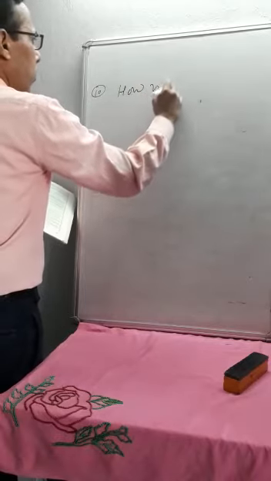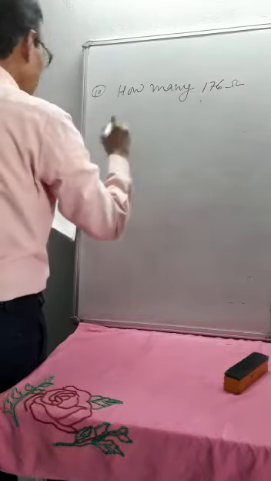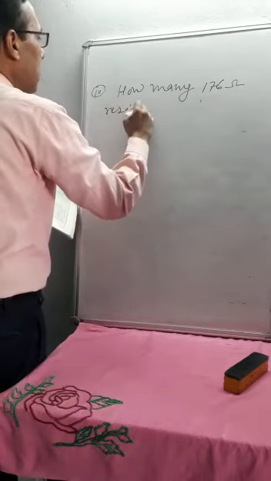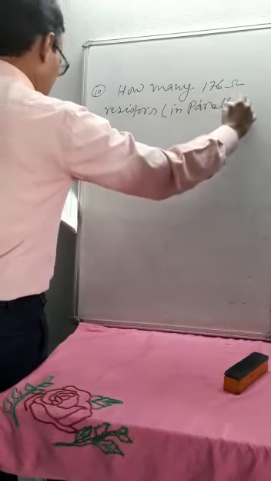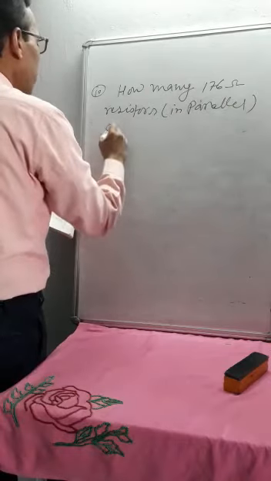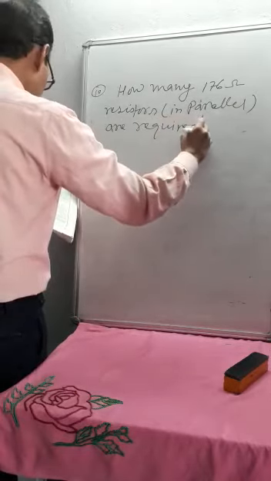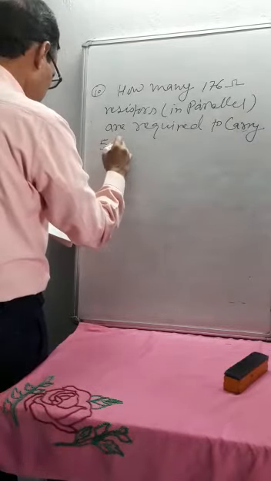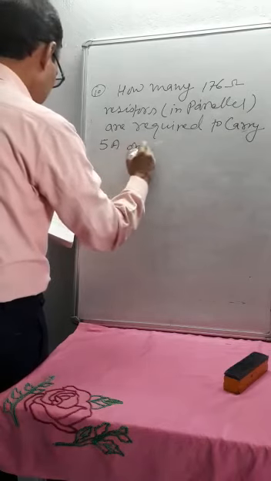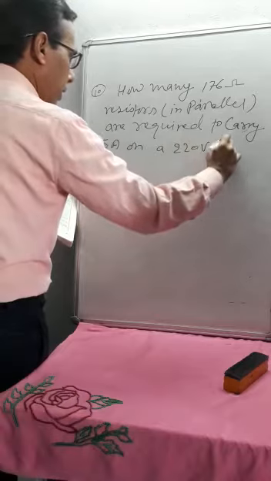How many 176 ohm resistors in parallel are required to carry 5 ampere on a 220 volt line?